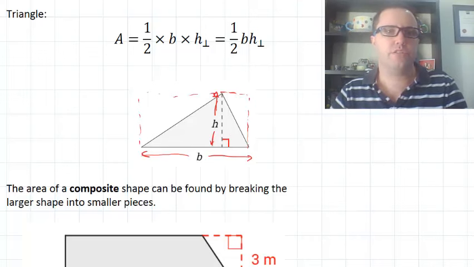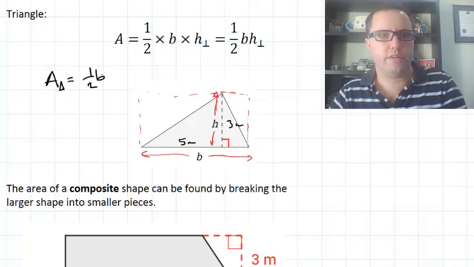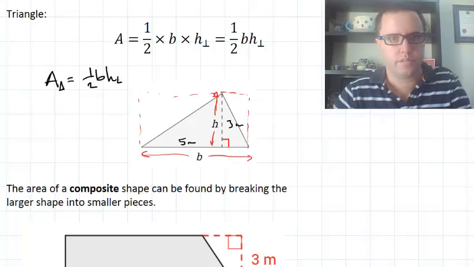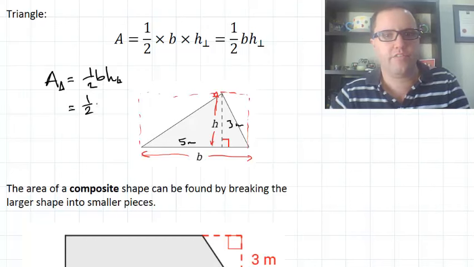So if this height here was 3 meters and this base length here was 5 meters, we would have the area of a triangle equaling half base times height, perpendicular. So that's what that perpendicular means. You can write it like that or like this one here. So that equals half times 3 times 5, which is 7.5 meters squared.